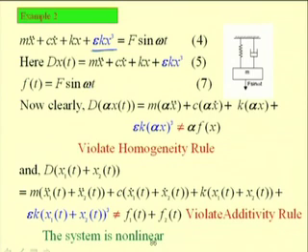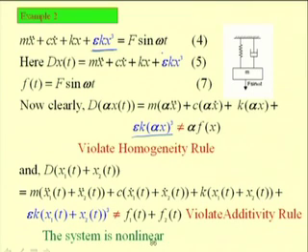So, to check the homogeneity rule, let us replace this x(t) by alpha x(t). When you replace x(t) by alpha x(t), we get this expression. So, this is equal to m alpha x double dot plus c alpha x dot plus k alpha x plus epsilon k alpha x cube, but this epsilon k alpha x cube is not equal to alpha times epsilon k x cube.